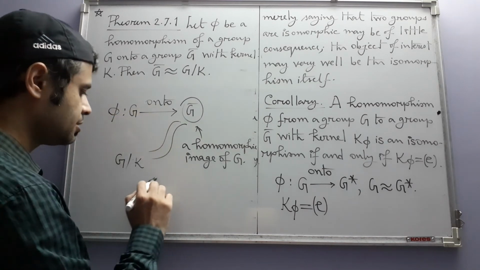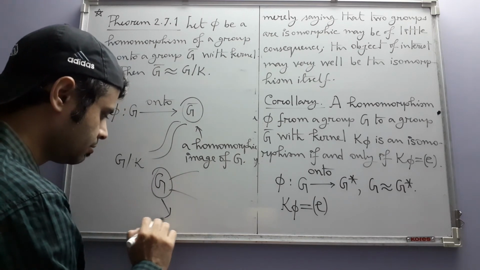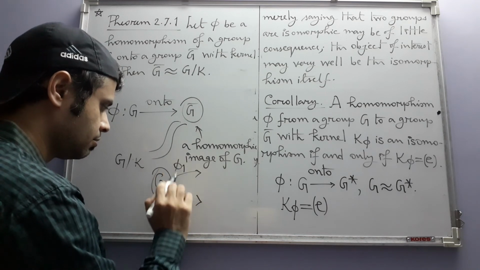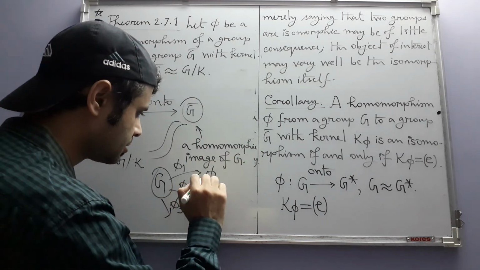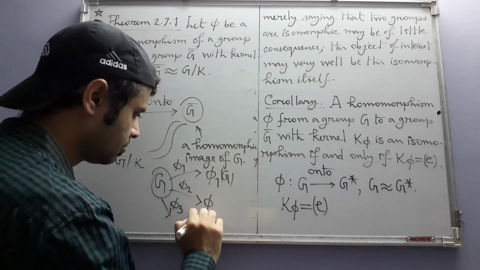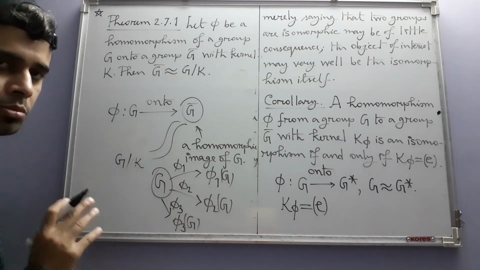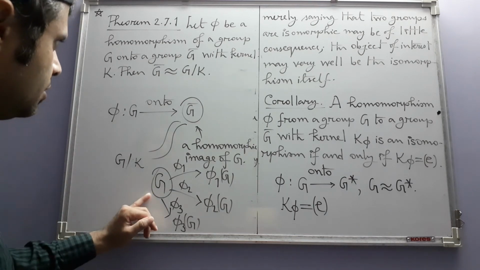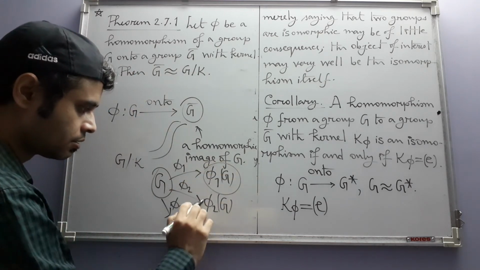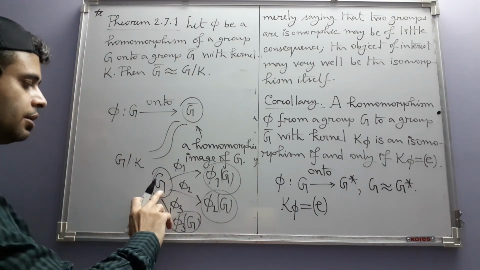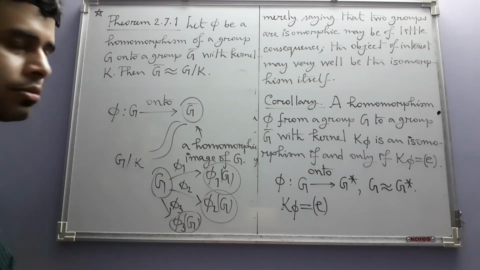So if a group is given to us, say we are applying different homomorphisms to it, phi 1, phi 2, phi 3, etc., and we are getting different homomorphic images, phi 1 of G, phi 2 of G, phi 3 of G. These are all groups which are homomorphic images of G. This theorem says that instead of considering these homomorphic images, or in other words, instead of leaving the group G, you can be inside G and get all the homomorphic images.